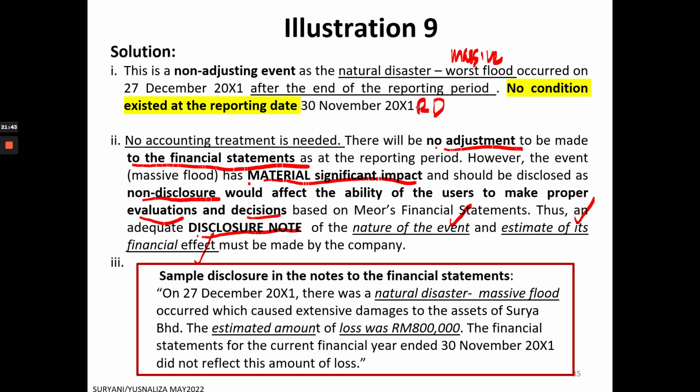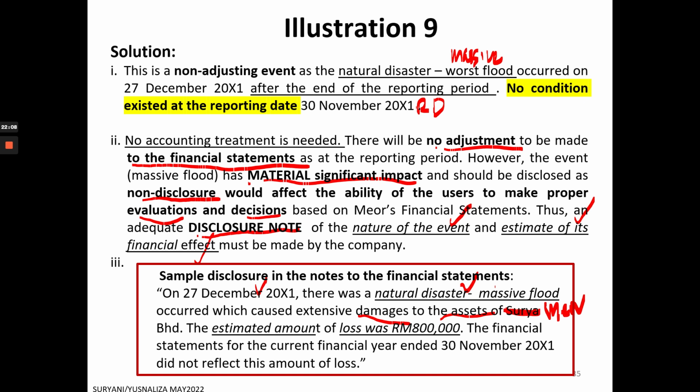So you need to provide a sample disclosure. State the date of the event and the type of the event, when it took place, and the damage that has been done to the assets of the company. And the company here is Mio Berhad.